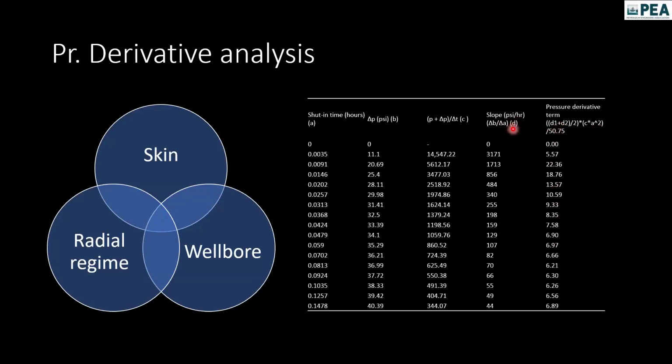D1 and D2 represent the values from the slope, C represents the value from P plus delta P by delta T, and A represents the value from the shut-in time period. Once you have the data in front of you, we can get all of this. So this is about derivative analysis that we are going to do in Excel.